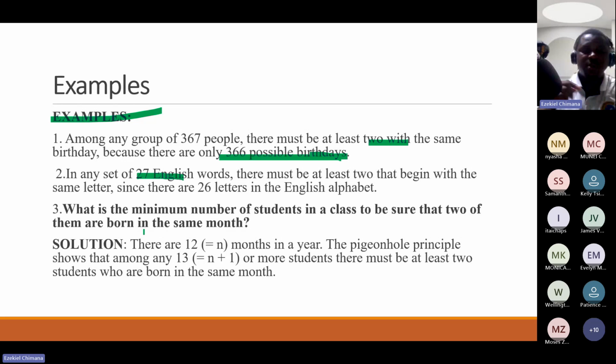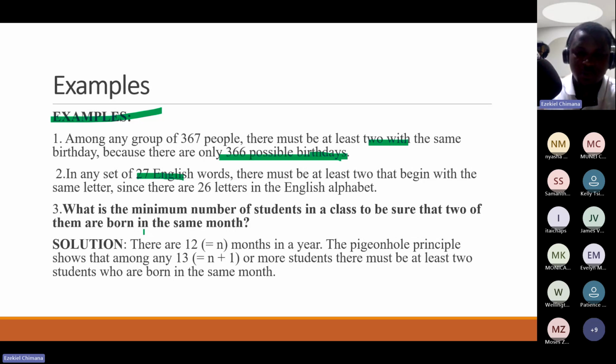Maybe you can have a minimum of 12 students. Once you have 12 students, maybe one was born in January, another in February, until we reach December. But we've only assigned each pigeon to a pigeonhole, 1, 1, 1, 1, 1.